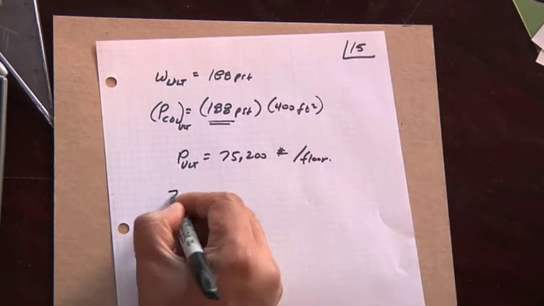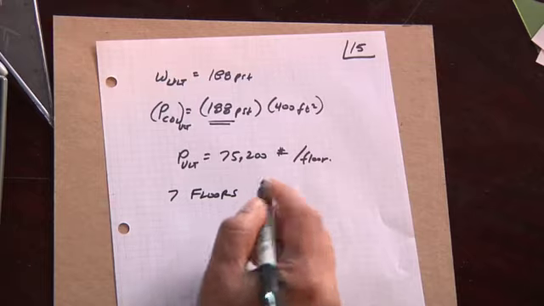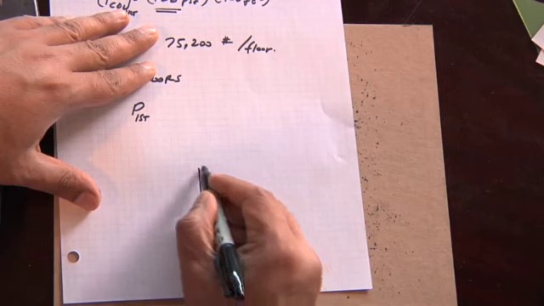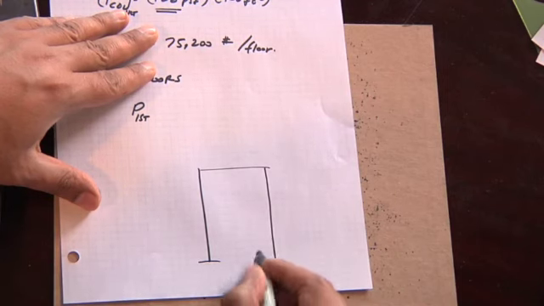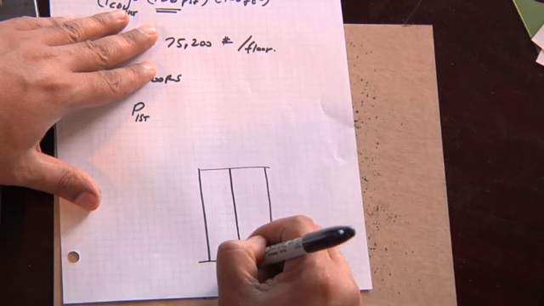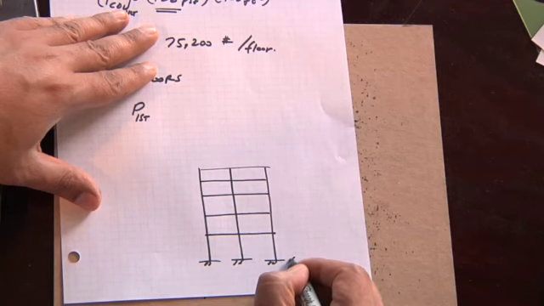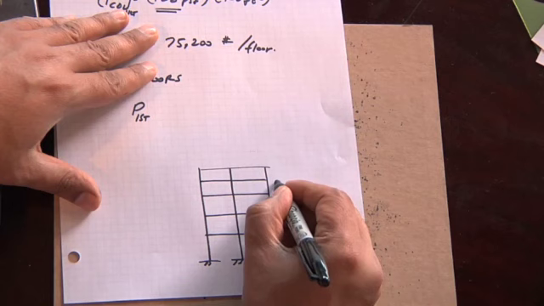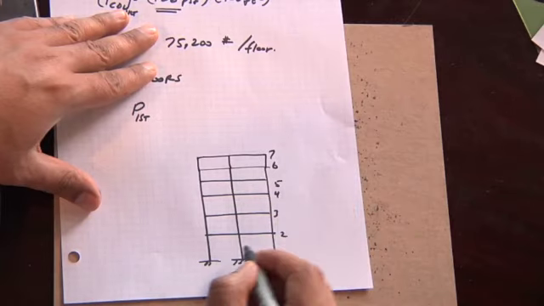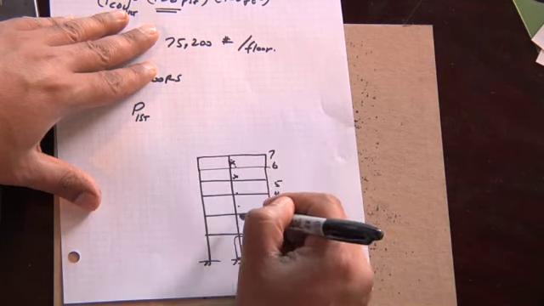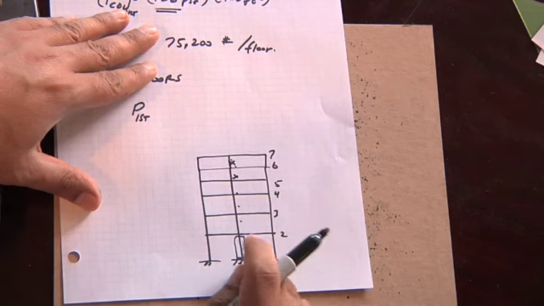And how many floors do we have? We have 7 floors. So on the first floor column, let's just do a quick sketch. Here's my building, and I'll make this rather simple. 1, 2, 3, 4, 5, 6, and I'm going to add one more: 7 floors. My column down here, I have to add each one of these loads to get down to the first floor column.